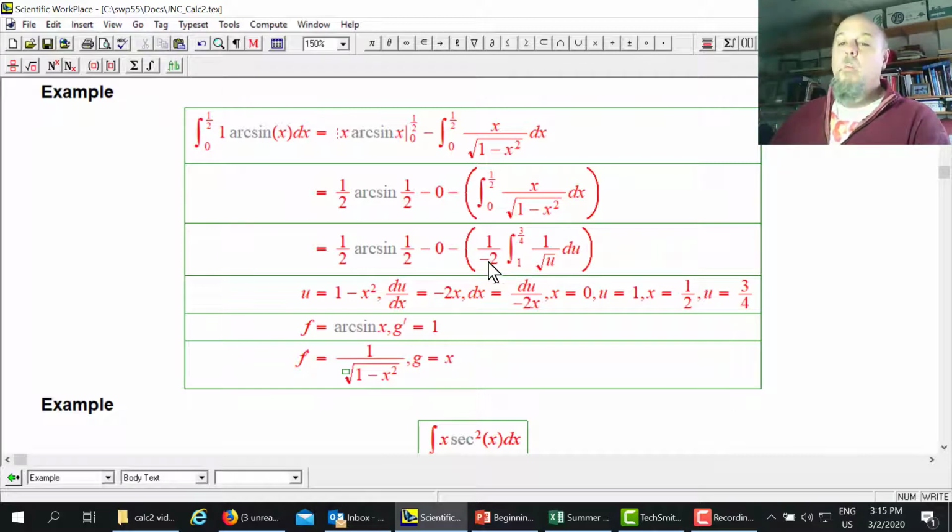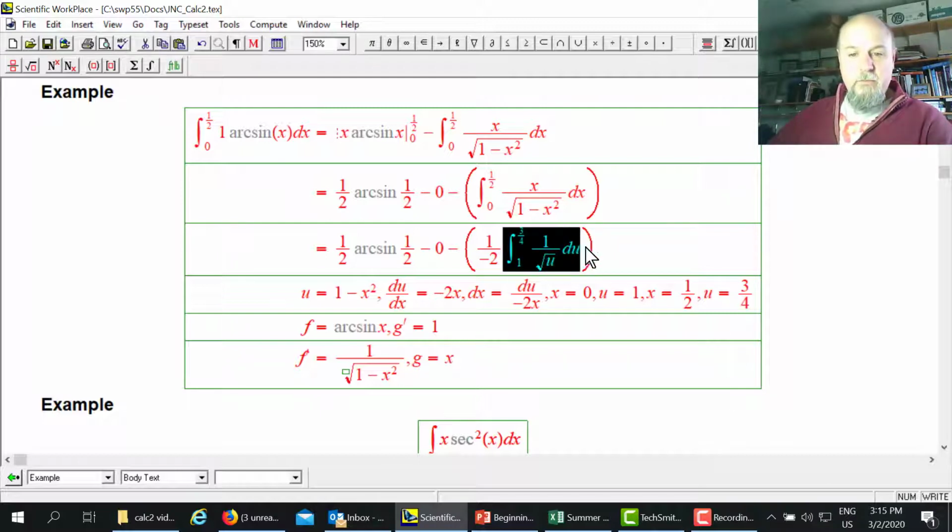Why do that? Well, now when I do this integration, I don't have to change back into x's and then sub in the 0 and a half. I can just integrate with respect to u's, and that's a u equals 1 and u equals 3/4. I can just sub in the top minus sub in the bottom. I don't have to switch back. It's a better way to do this.